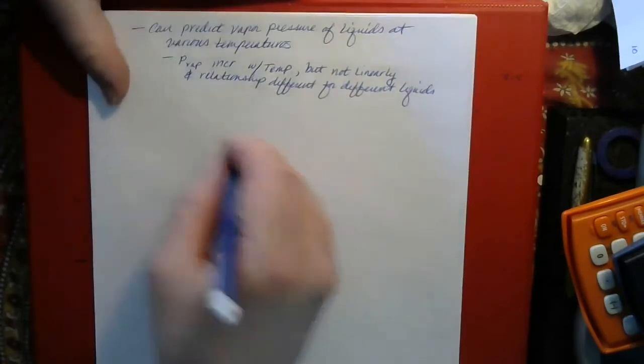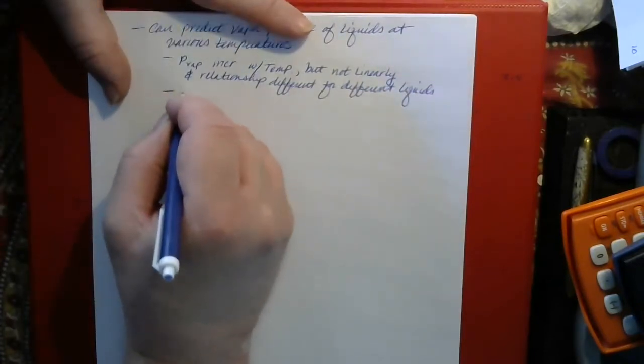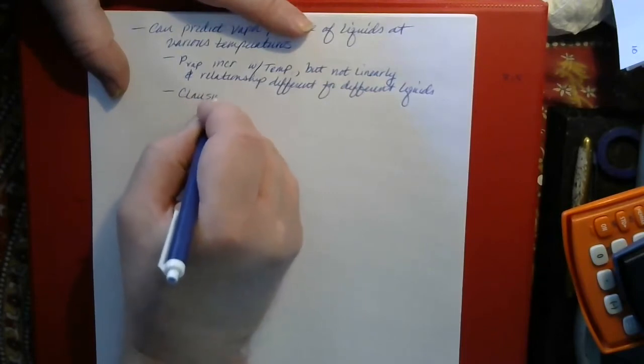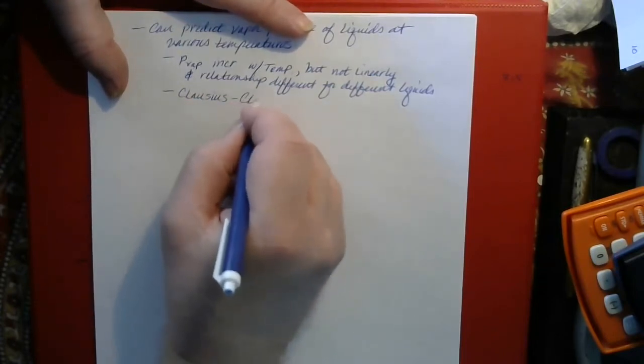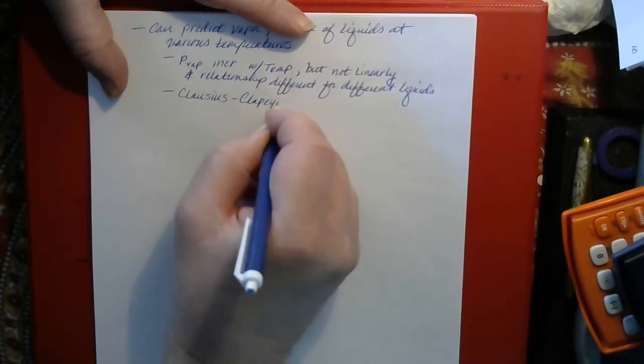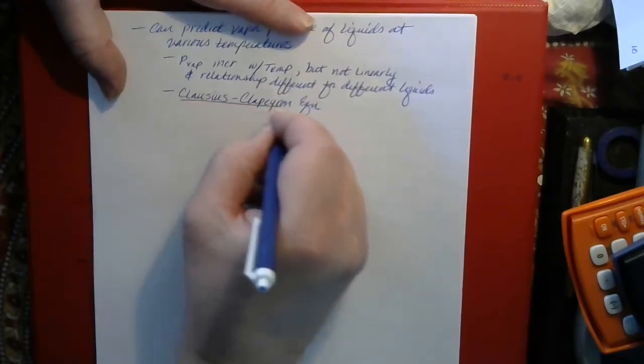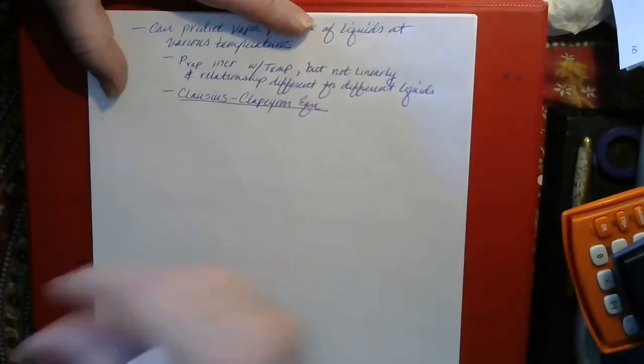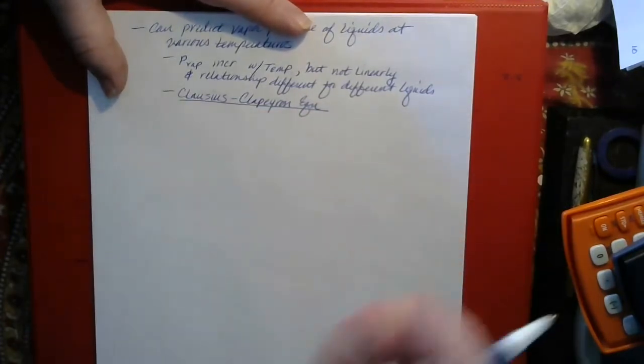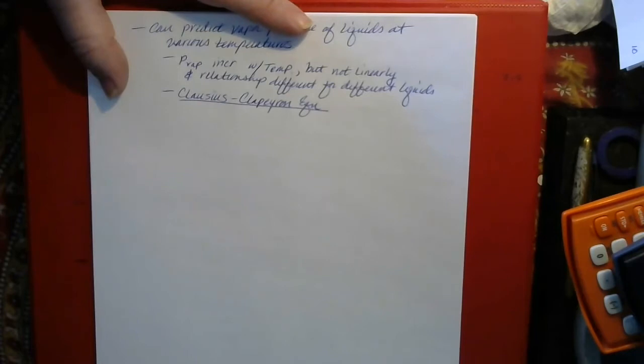And so we have this equation that's known as the Clausius-Clapeyron equation. And that allows us to calculate the vapor pressure of a liquid at various temperatures. And all we have to know is what the temperature is and the heat of vaporization.